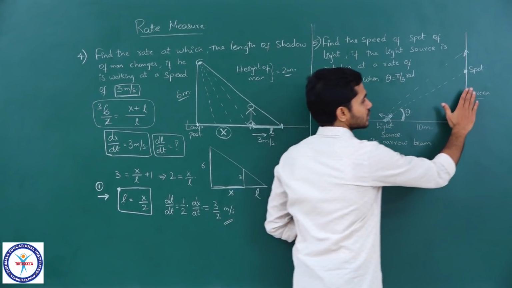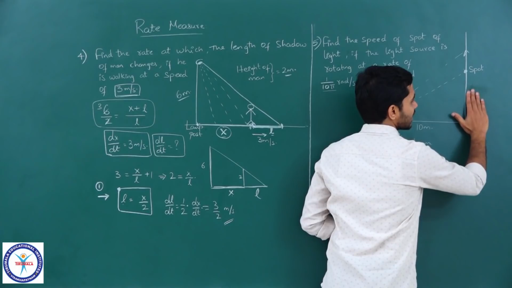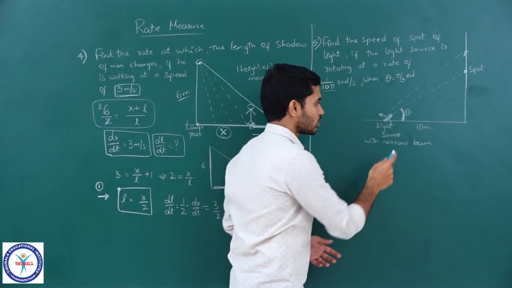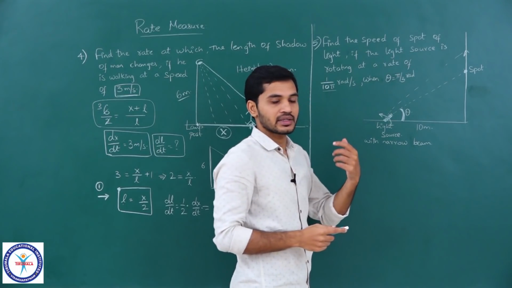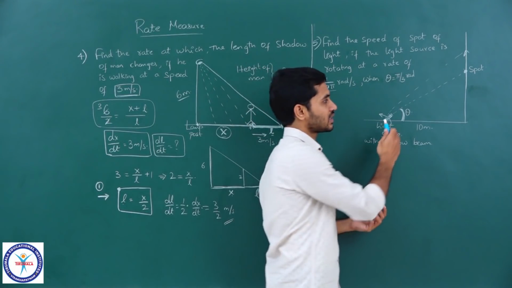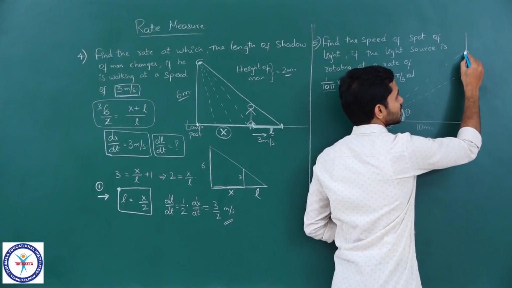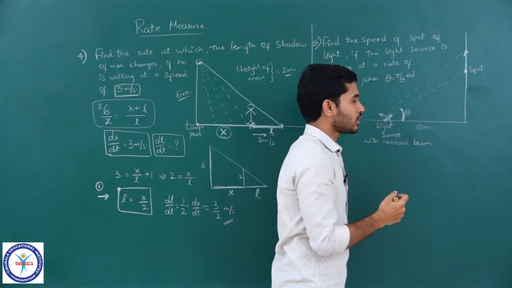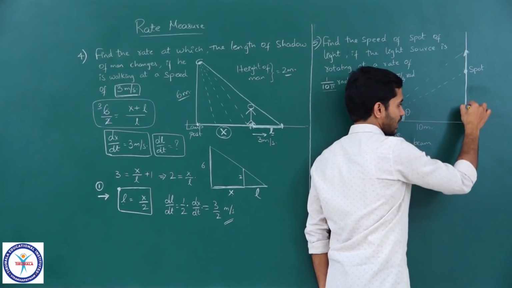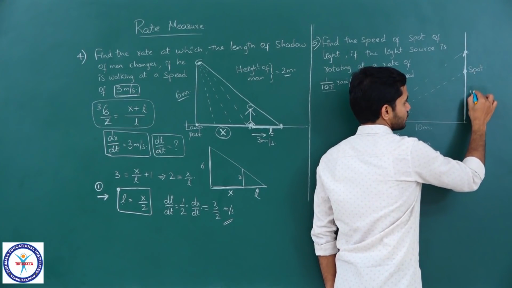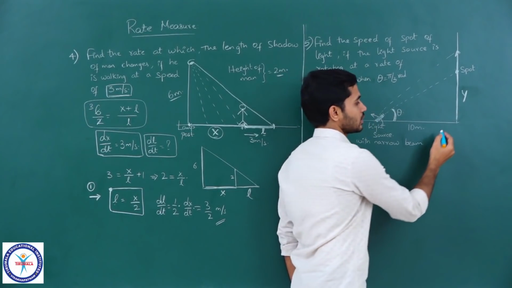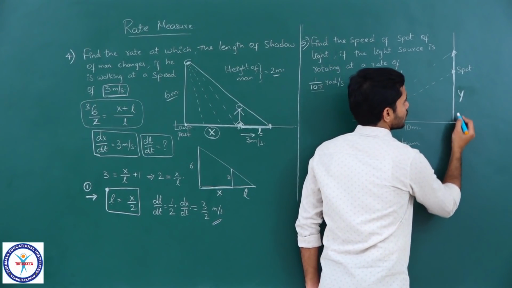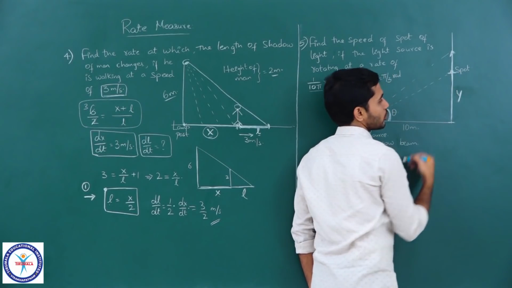So, what I will do is, first I need to understand the variables, correct. I know that one variable is theta. What is the other variable? I need to make sure that the other variable is related to its velocity, right. So, I will take the other variable as y, clear, y being the distance from the ground to the spot of light.